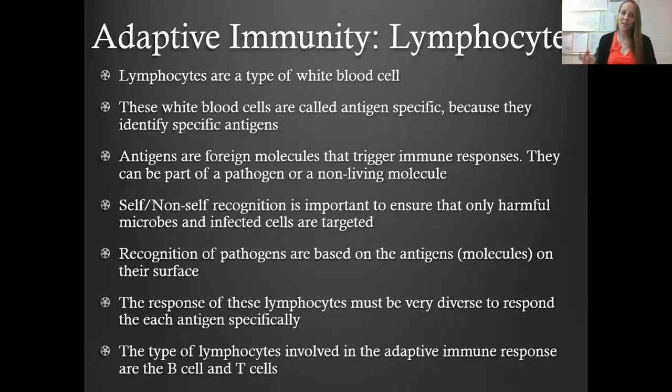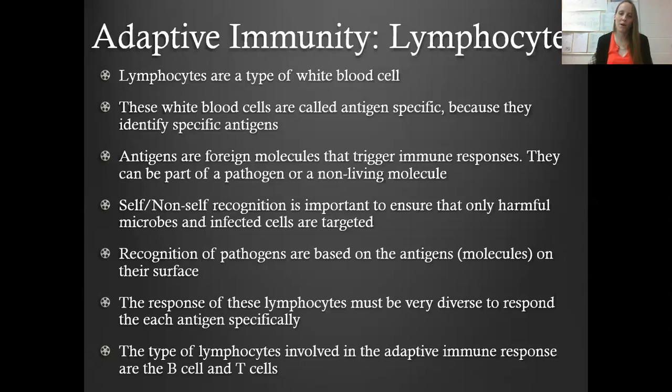Essentially, your lymphocytes are a type of white blood cell, and all of the lymphocytes, except for the natural killer cells, are part of the adaptive immune system. And again, what makes these so great at fighting infection is because they can identify specific pathogens and come up with the weaknesses of that specific pathogen. So it's a lot more effective in fighting it.